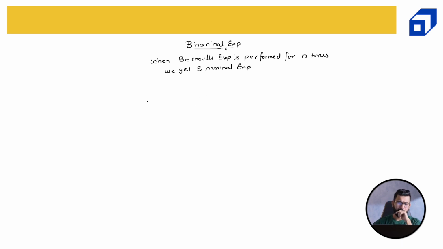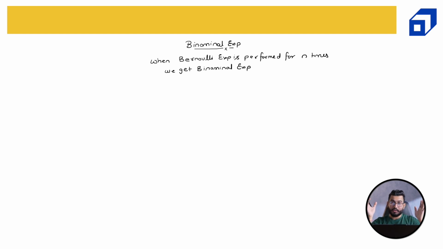So binomial experiment is nothing but when I am performing the Bernoulli experiment for n times, it becomes binomial. Again, the outcome of each trial in a binomial experiment is binary. Assume that you are having a coin and you are tossing it 10 times.